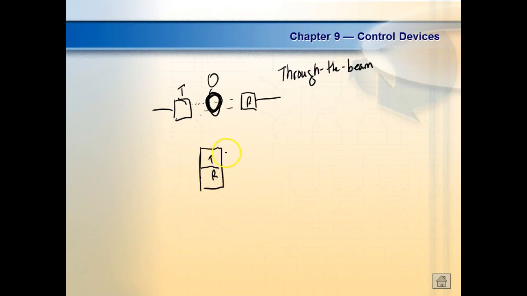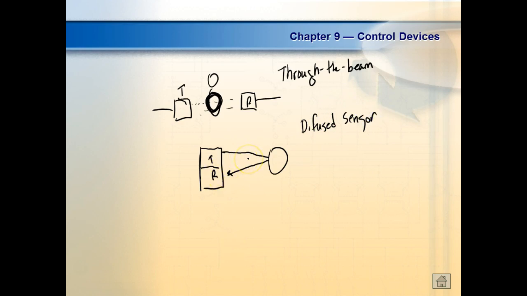And then what it does is it shoots a beam out. And then when it hits the object, it uses reflected light. This is what we call a diffuse sensor. So we'll show you all those over there.